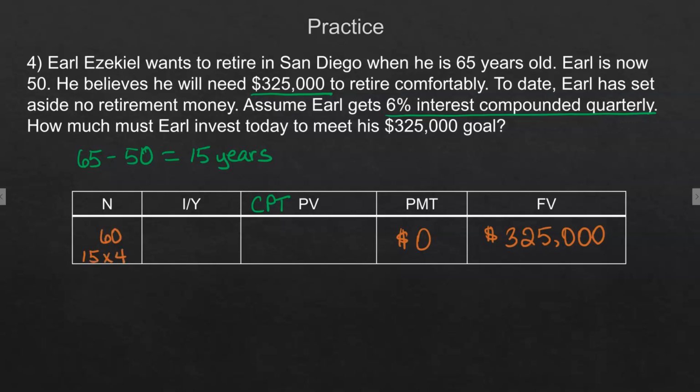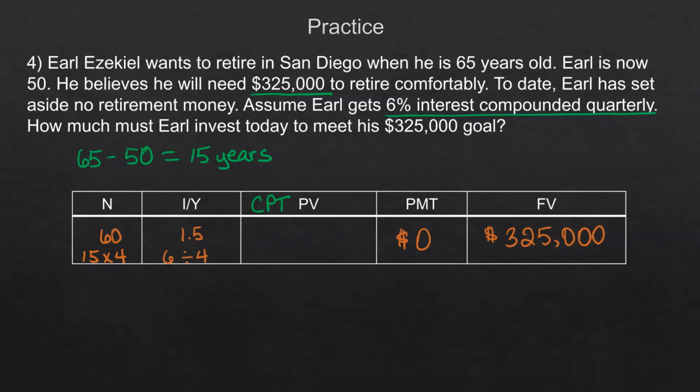So that means 60 periods. We're going to take 6% and divide it by 4, so 1.5% interest per period, right? So each quarter it compounds at 1.5%. And then we're going to compute the present value.